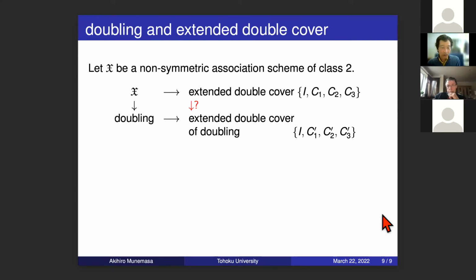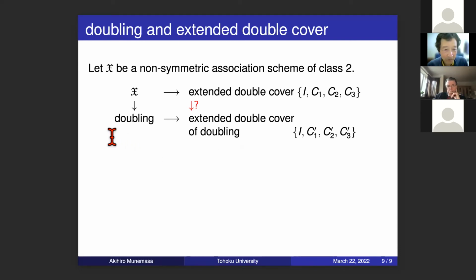One could first apply this doubling and then the extended double cover of the doubling. And then certainly you obtain an association scheme of class 3. But then there may be a straightforward way to double the extended double cover.